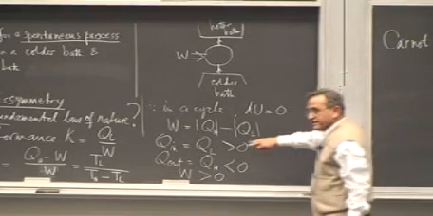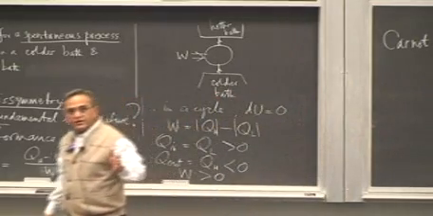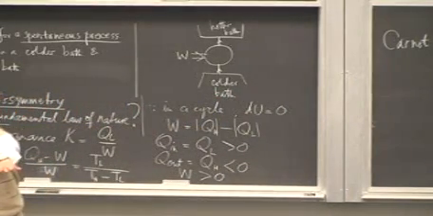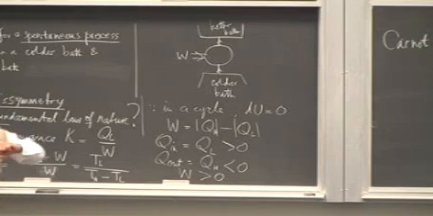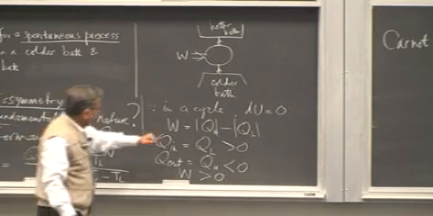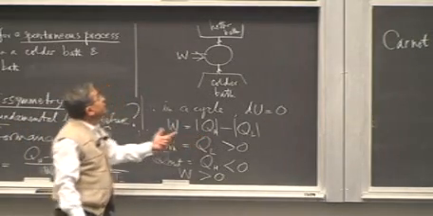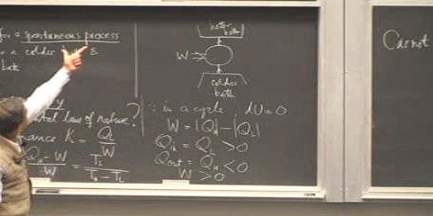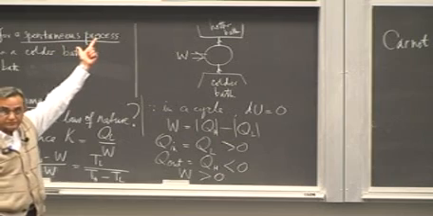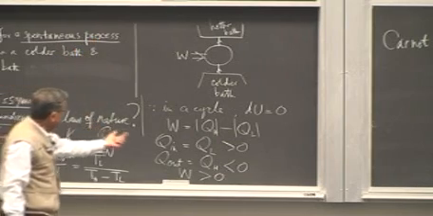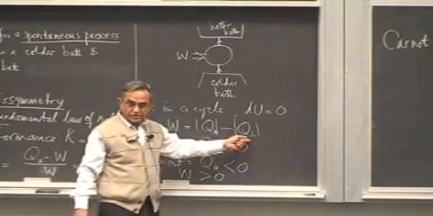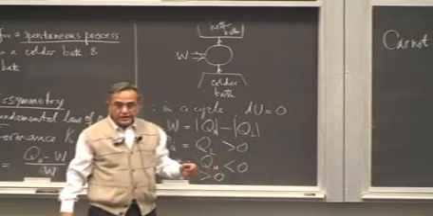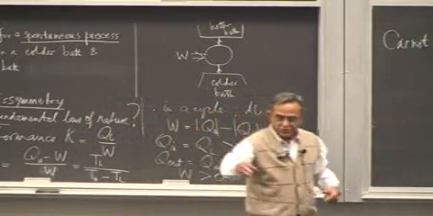The question that this gentleman is asking is, this seems to be not quite like what we said over there, W is equal to Q in minus Q out. And here we are saying W equal to Q out minus Q in. All right? And I just answered this question.